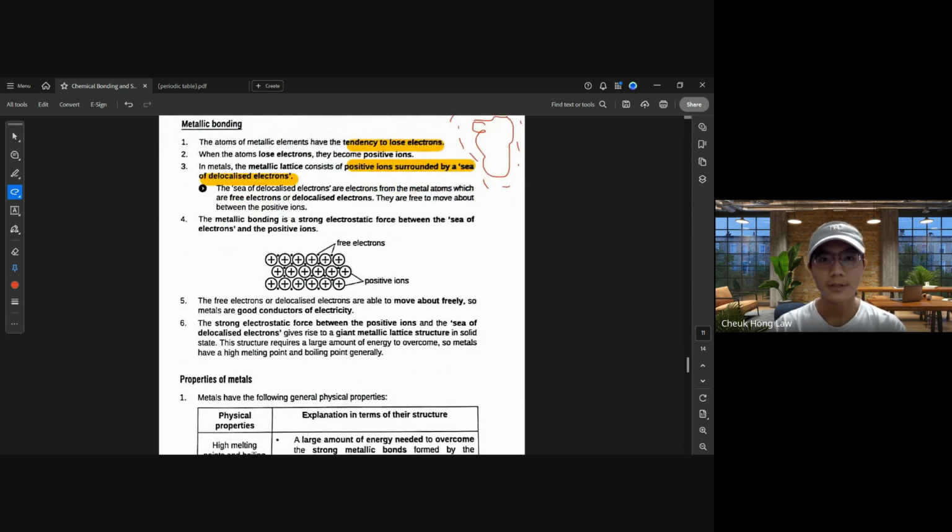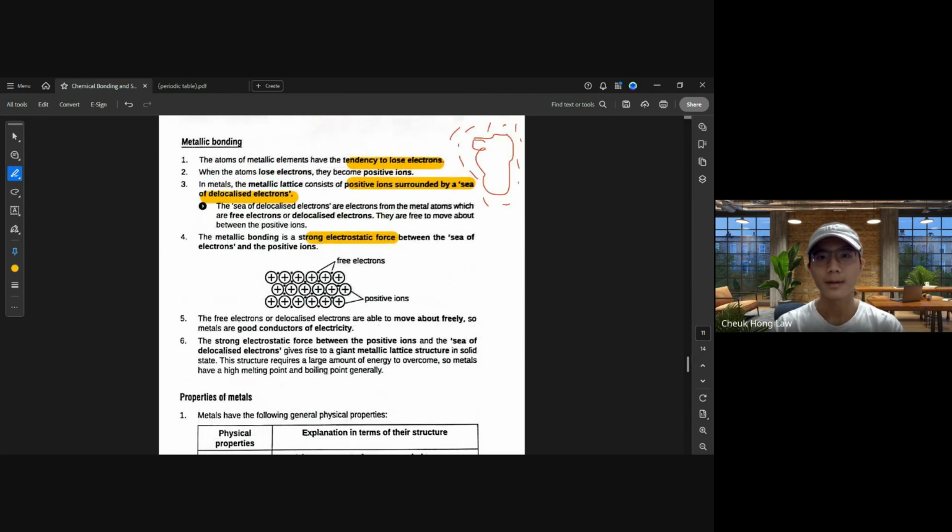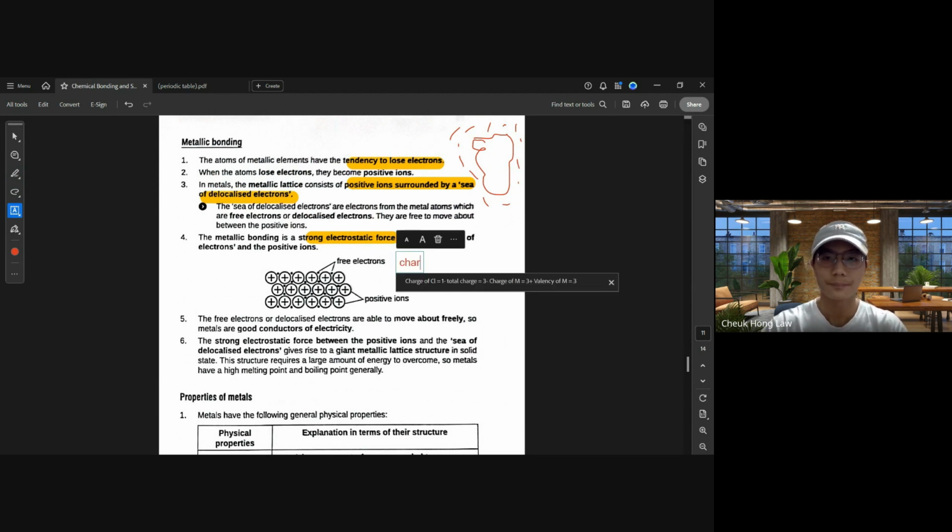Metallic bonding is strong electrostatic force between the sea of delocalized electrons and positive ions. You realize we use electrostatic again. For ionic compounds, we also use electrostatic. So what's the commonality here? It's the charges. Whenever we talk about charges, we talk about electrostatic. So what are the charges here?